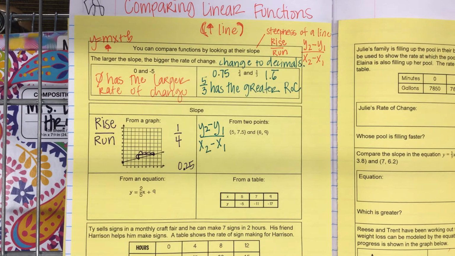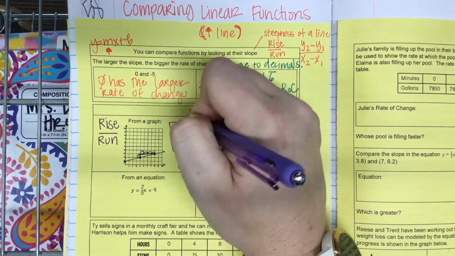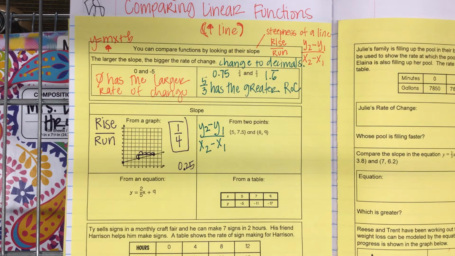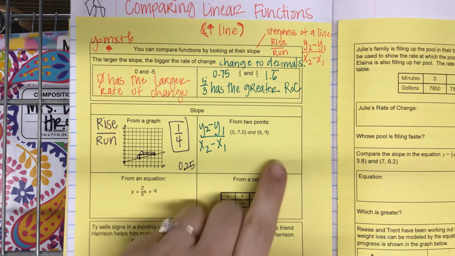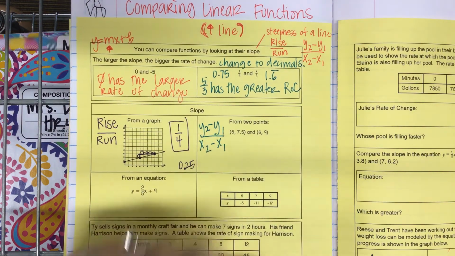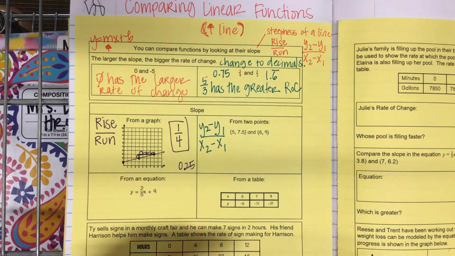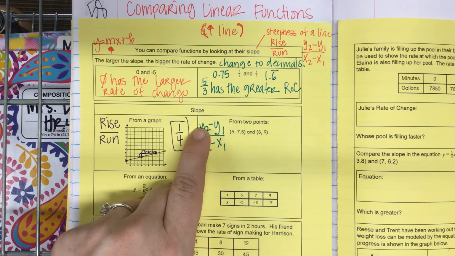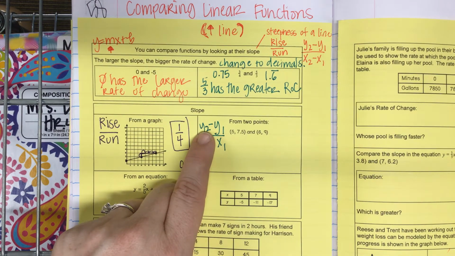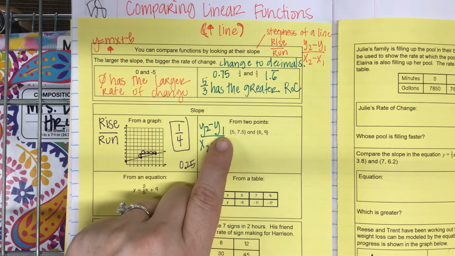Zaya, what does it mean? When you're given 2 ordered pairs, y2 is the y from the second ordered pair, and y1 is the y from the first ordered pair. Perfect. y2 means the y value from the second ordered pair. y1 means the y value from the first ordered pair.